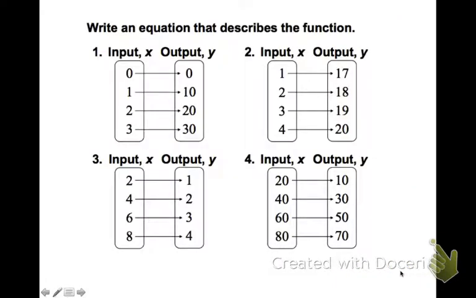So writing an equation that describes each of these functions, okay, we talked already about this. The change in the input is +1, +1. Over here, you have +10, +10, +10.